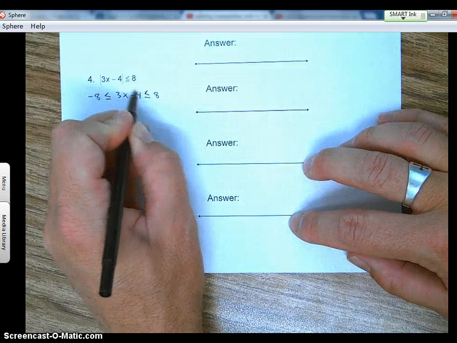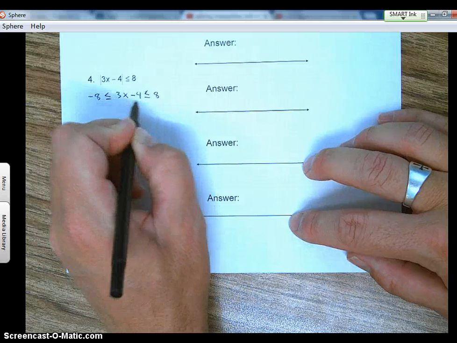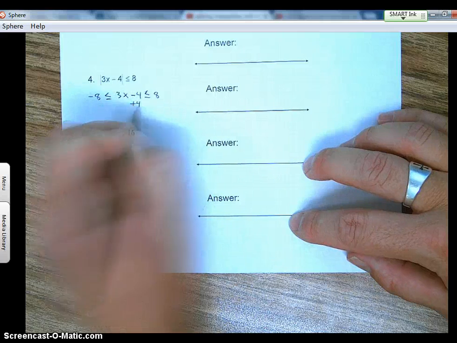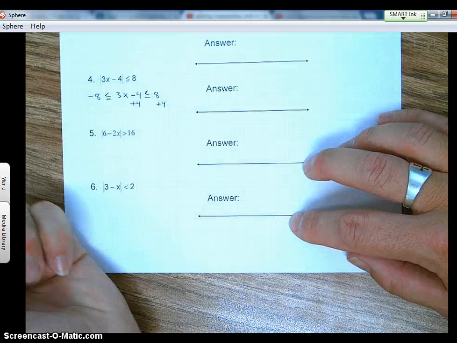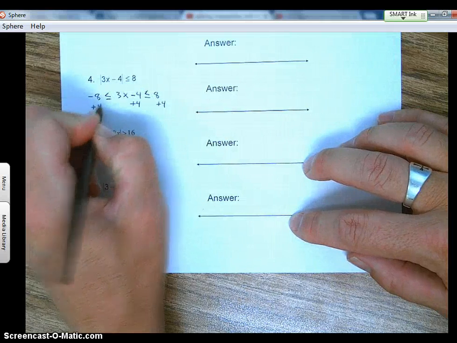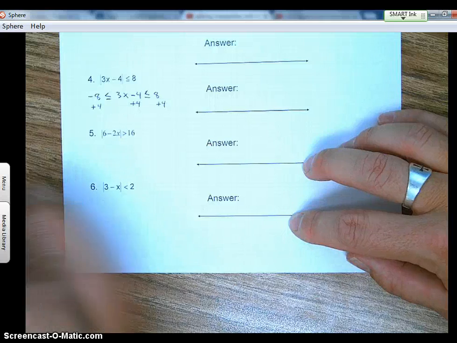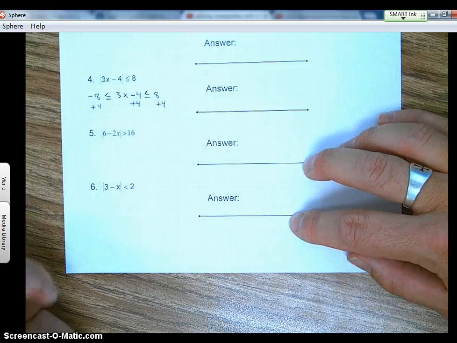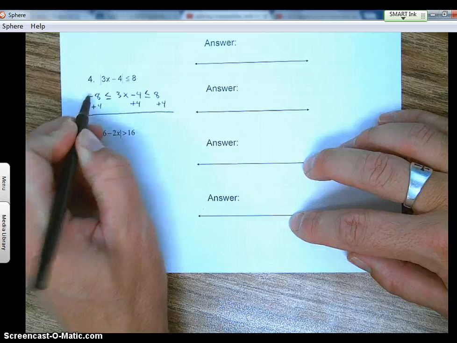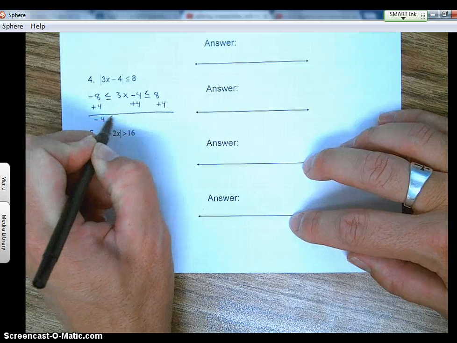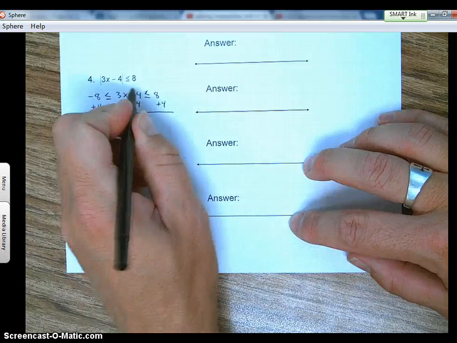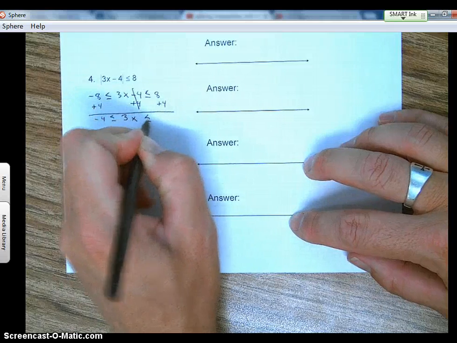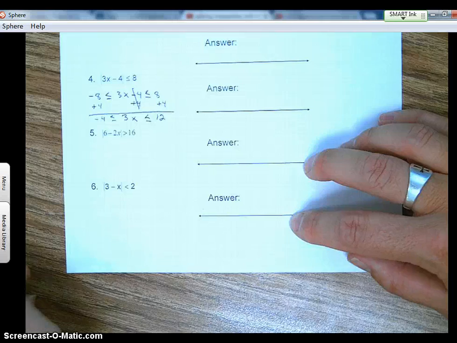So we're going to undo any adding and subtracting on the inside. So if I add 4, I'm going to add 4 over here, and I'm going to add 4 over here. So it's like solving two inequalities simultaneously. So we have negative 4 less than or equal to 3x less than or equal to 12.